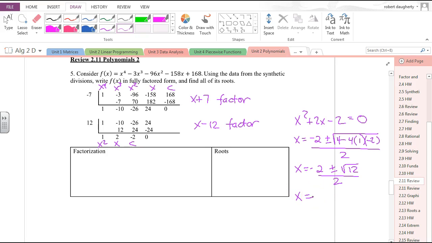So x is negative 2 plus or minus 2 root 3 over 2, x equals negative 1 plus or minus root 3. Okay.